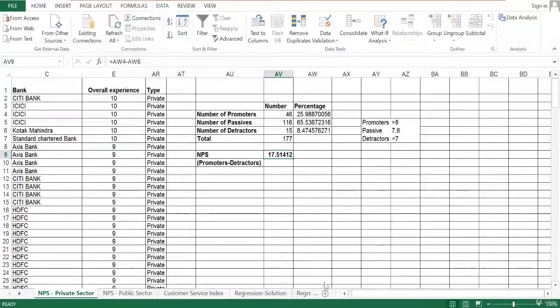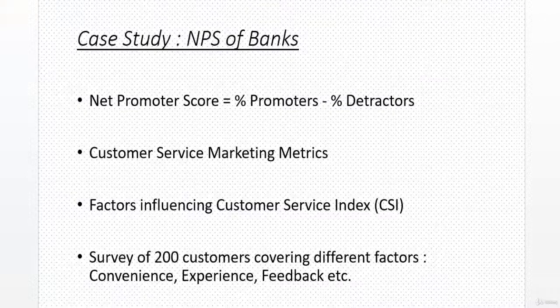This exercise helps in finding the net promoter score, which can be calculated for any industry, any organization, any business. This was a sample case study of how the NPS of banks could be calculated using different marketing metrics. To be precise, the category of marketing metrics we used for this exercise was customer service marketing metrics.